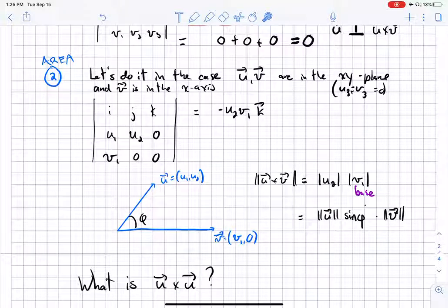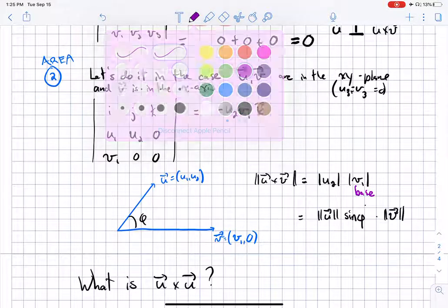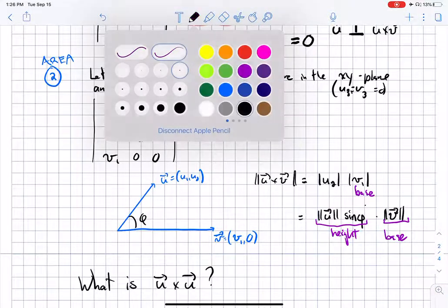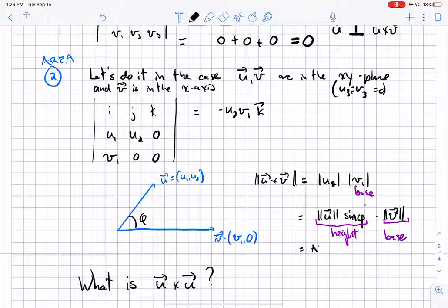So U sine phi is the height, and this is the base. Look at the triangle. Height times base gives me the area. And this is why the cross product relates its norm to the area of the parallelogram.